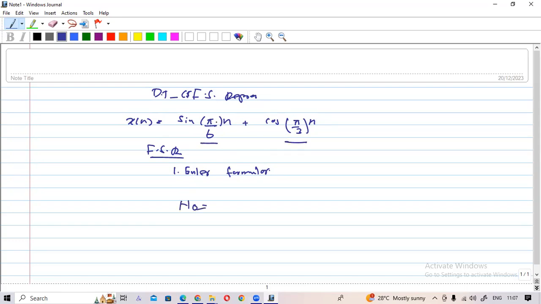I told you how to do it. You have to consider these two signals separately. Then you need to find the omega. This is a normalized angular frequency.